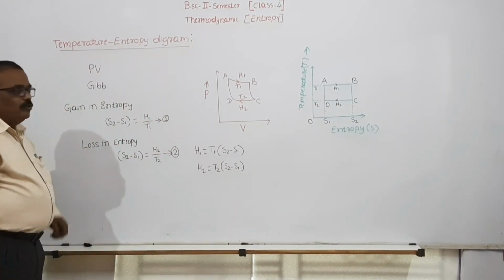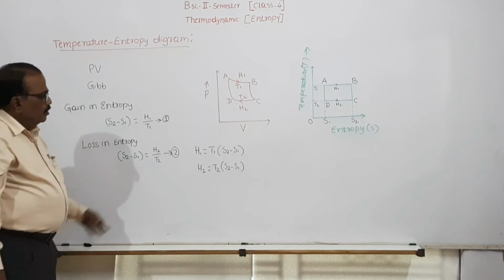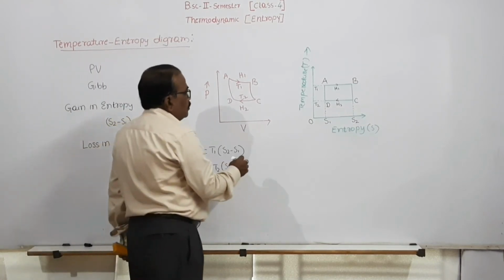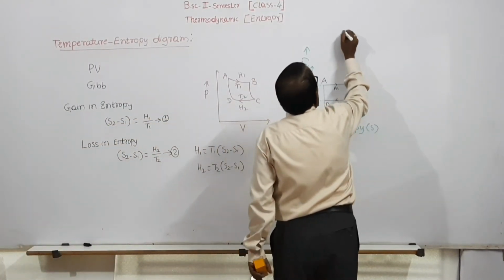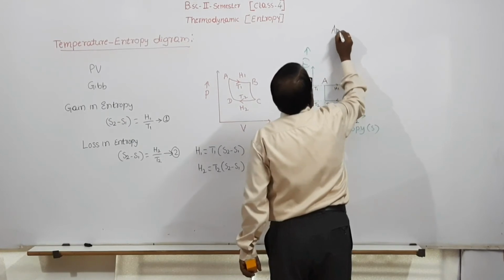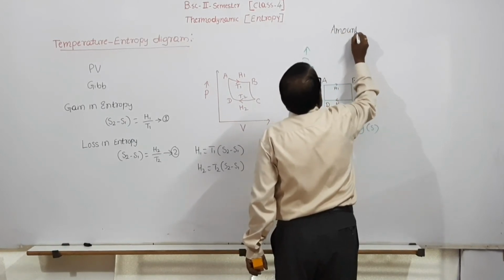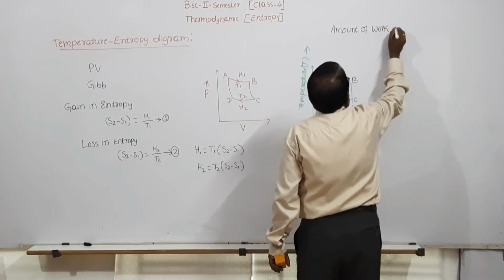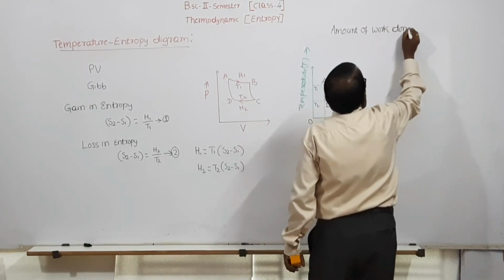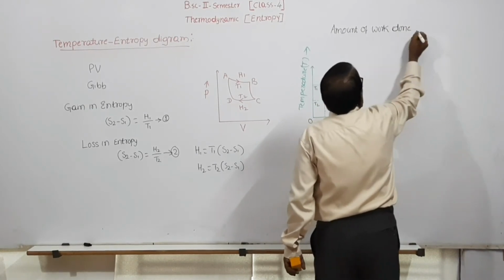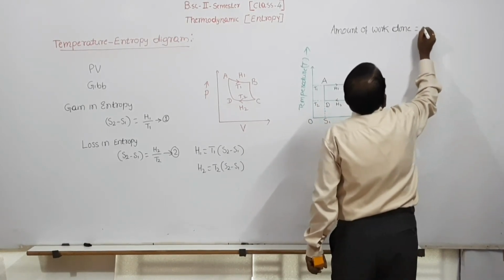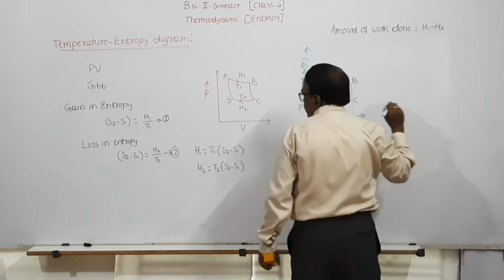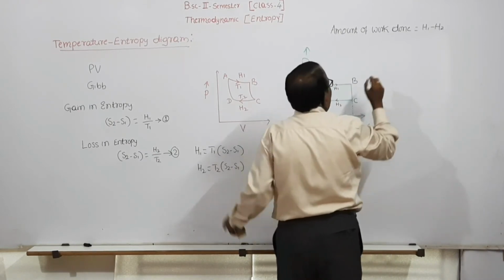Then the amount of work done is H1 minus H2. So the amount of work done dW is equal to H1 minus H2. What is H1 here?